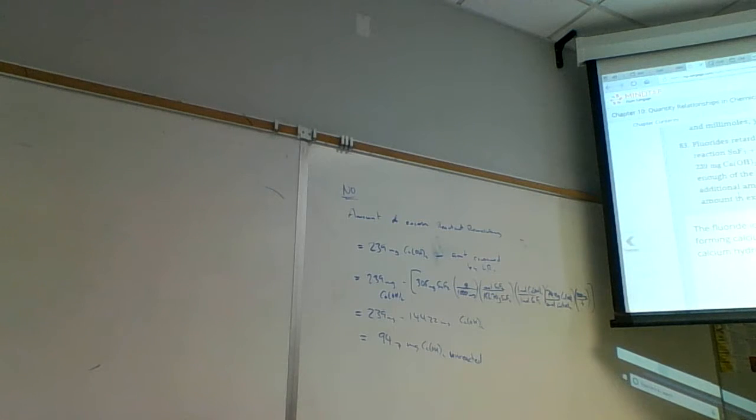And then we'll convert it to grams. And then from grams, we'll go to moles, so 74.10 grams per mole. And then we'll just go to moles of tin 2 fluoride. It's a 1-to-1 mole ratio. 1 mole of tin 2 fluoride for every 1 mole of calcium hydroxide. And then we'll convert that. What was the molar mass of tin 2 fluoride?